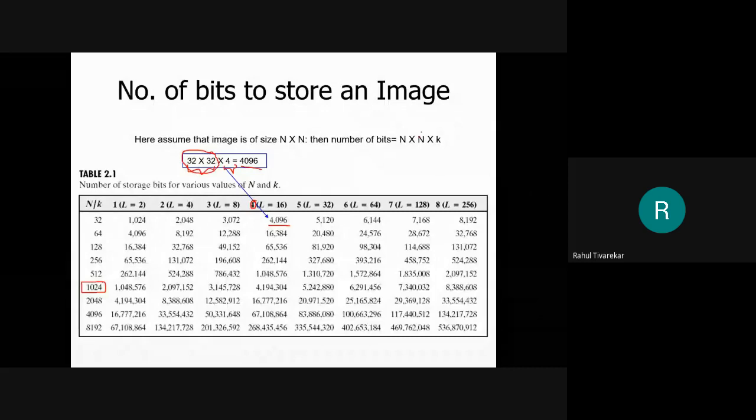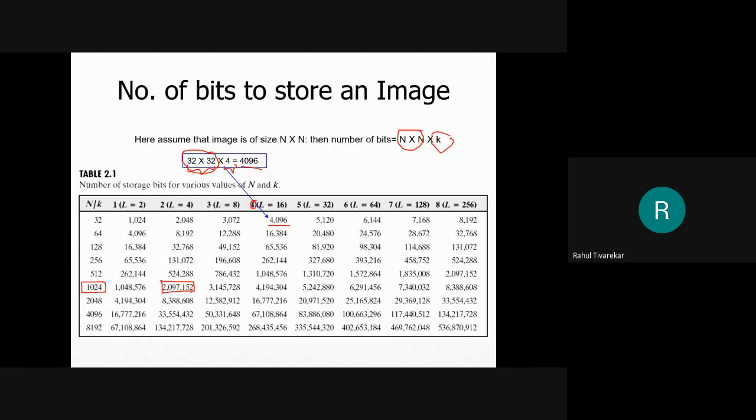The total image will have n multiplied by n pixels, and then multiplied by k bits. So let's say we are using 2 bits to represent the image, then this is the total storage requirement.